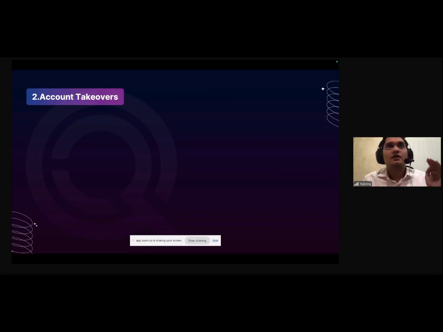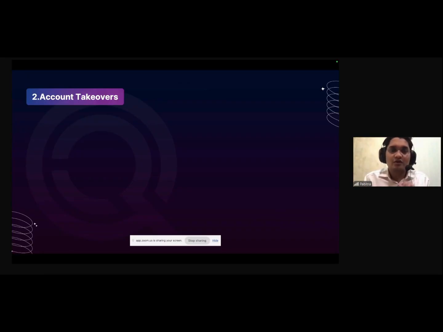And the second common security issue is account takeover. In account takeover, there are plenty of ways to take over an account. Account takeover basically means, without even having the username or password, how we can access their account.